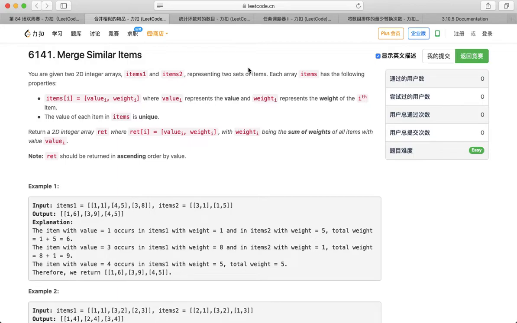We have two sets of items where each item has a weight and a value. And we want to group them by value and compute the sum of weights.